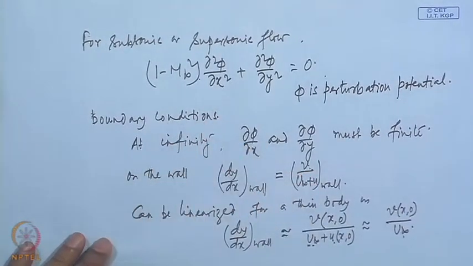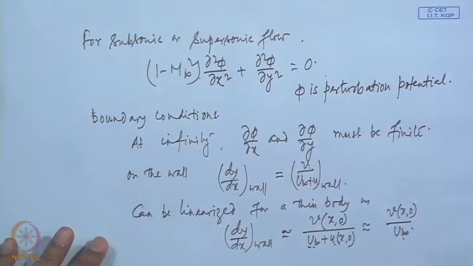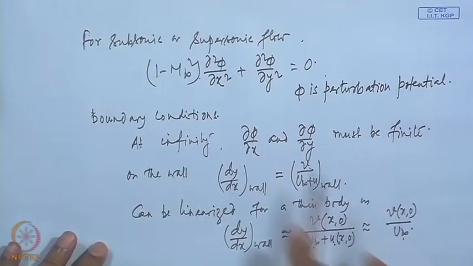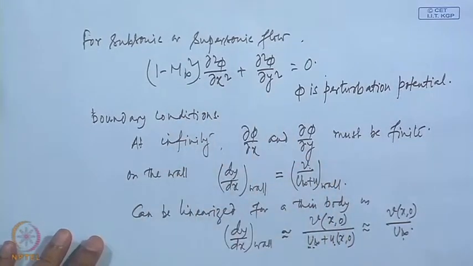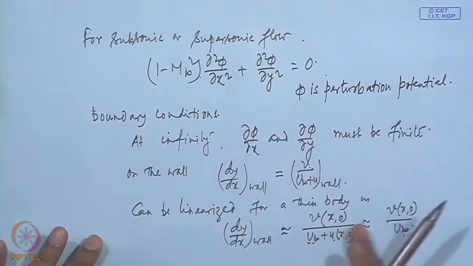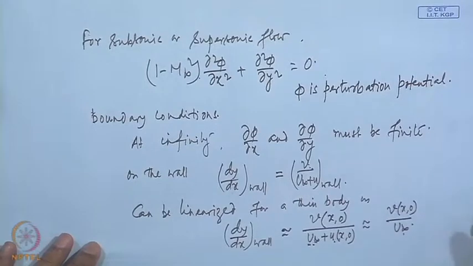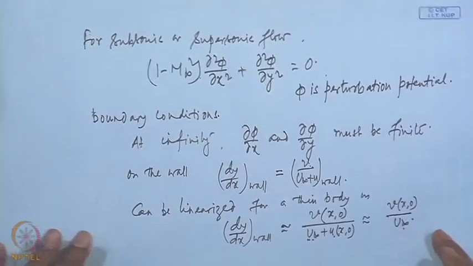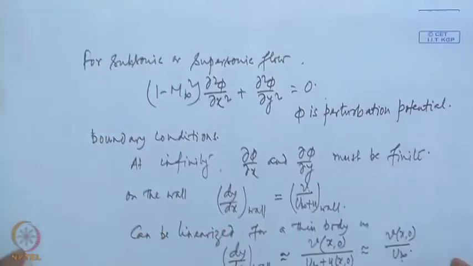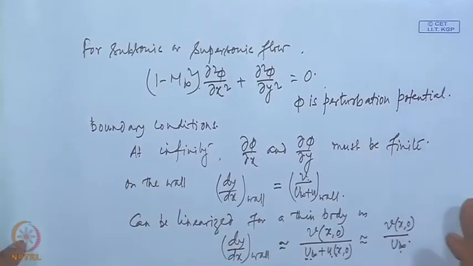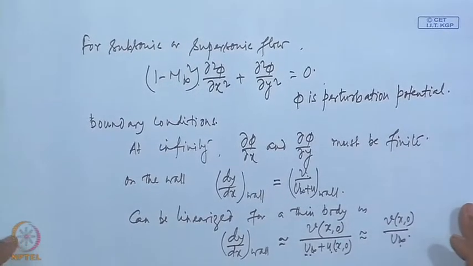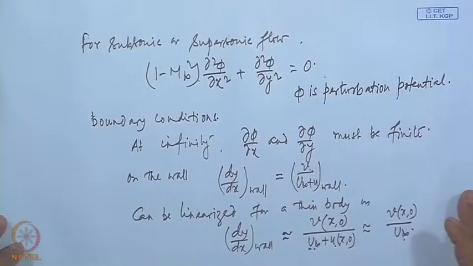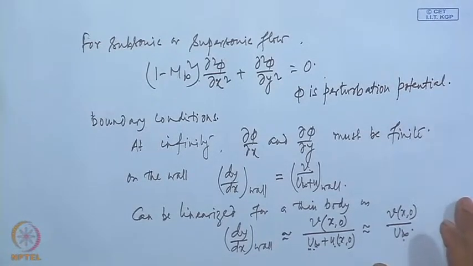When both the terms are positive, this equation is of elliptic nature, while when the two terms are of opposite sign, the equation becomes hyperbolic. If we may recall, when the equation is elliptic, to solve a partial differential equation, we need to satisfy boundary conditions at all boundaries.